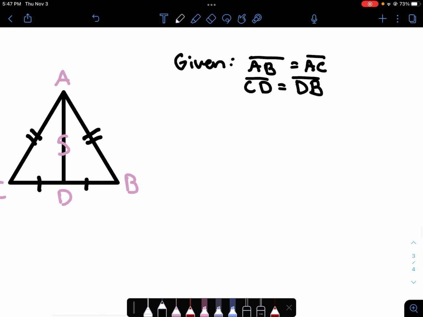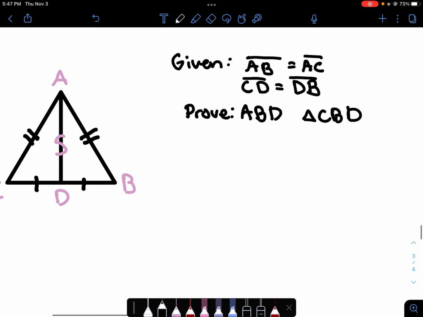All right, now let's prove ABD and CBD. Sorry, I named the triangle wrong. I meant ACD are equal.